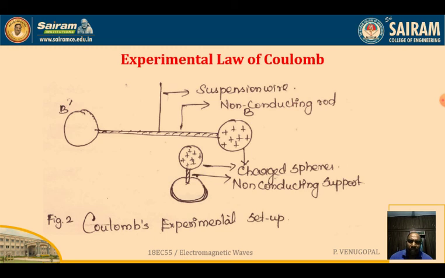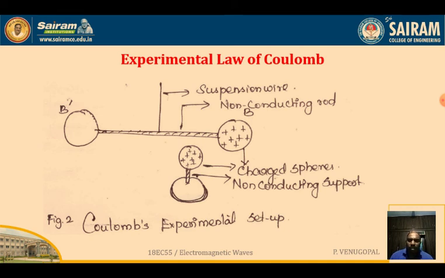At the end, Coulomb measured the force by changing the distance between the charged spheres, and finally concluded that the force of attraction or repulsion between two point charges is directly proportional to the product of the magnitudes of the two charges and inversely proportional to the square of the distance between them.